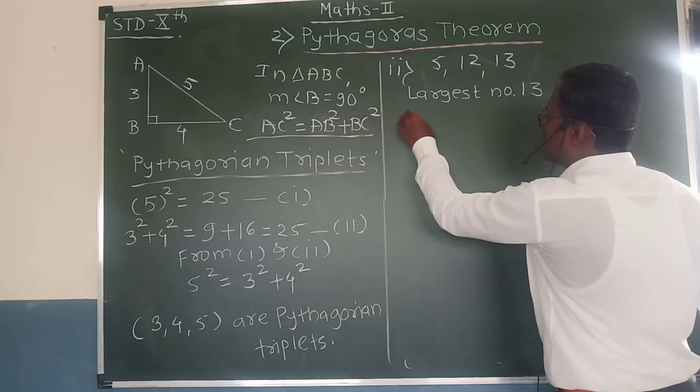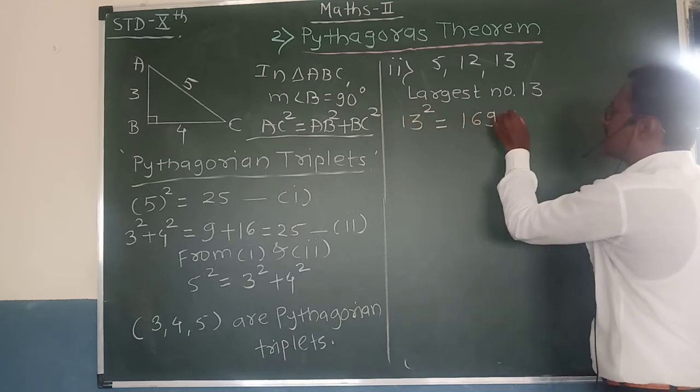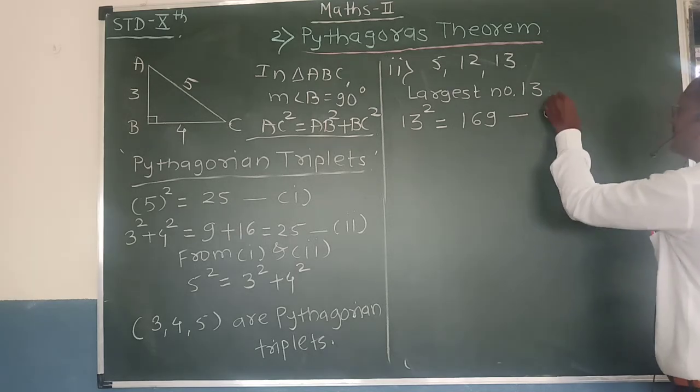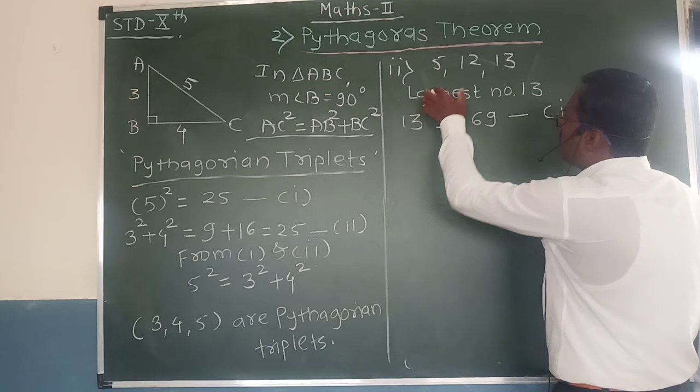So, 13 square will be 169 as equation 1. The second, the sum of the squares of the remaining terms, 5 square plus 12 square: you have 25 plus 144.